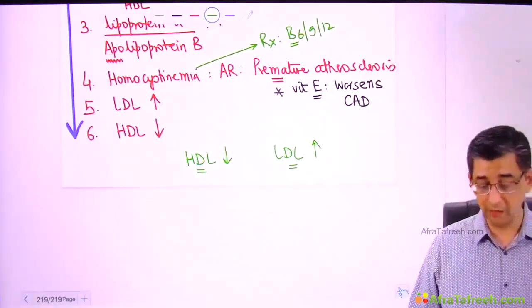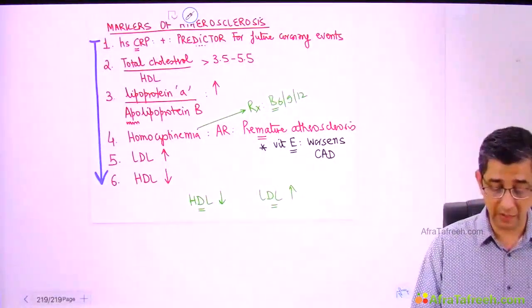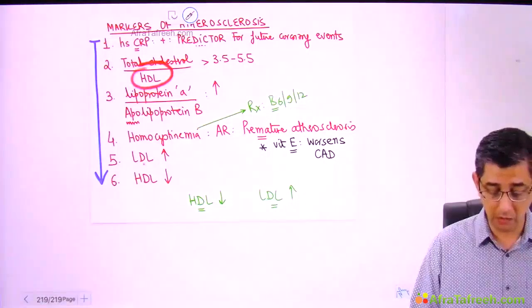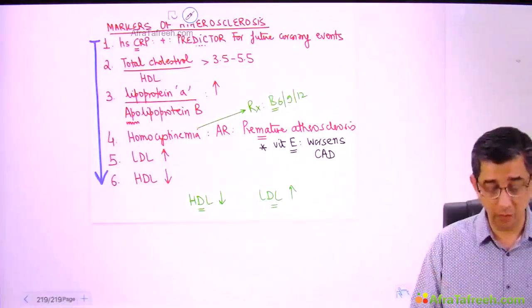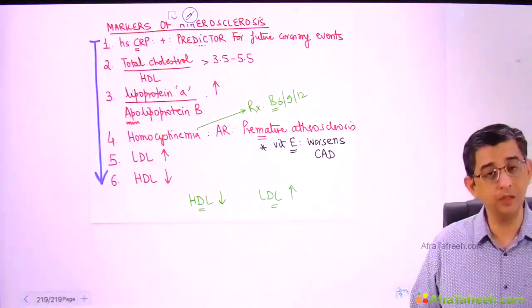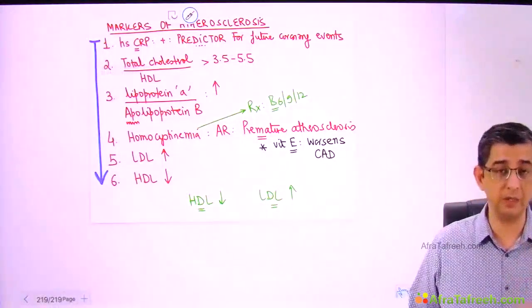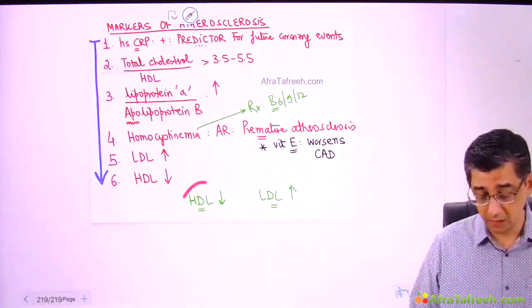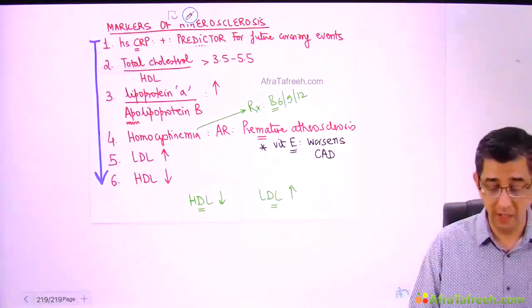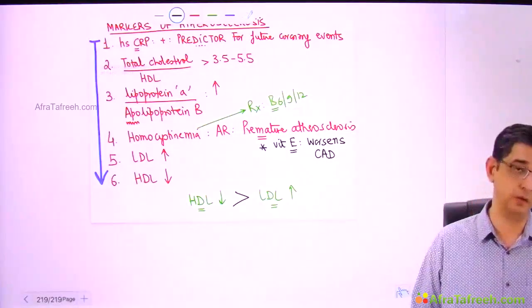Now, if you look at this numbering or sequencing that I've done, you will notice that HDL is given in point number 2 and also in point number 6. But as I highlighted, point number 2 is more important. Remember, I told you that the information is given in decreasing order of importance. Most important parameter, HSCRP. Second most important, total cholesterol HDL deficiency. I want to tell you that deficiency of HDL is a more important risk factor as compared to elevation of bad cholesterol.